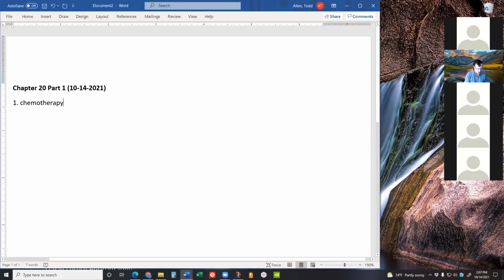So chemotherapy refers to the treatment of any disease with chemicals. That means treating cancer with some kind of cell cycle inhibiting drugs is chemotherapy. It also means when you take a Z-Pak to treat your sinus infection, that is also chemotherapy, okay?